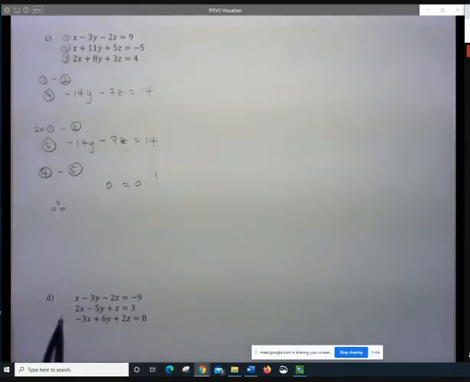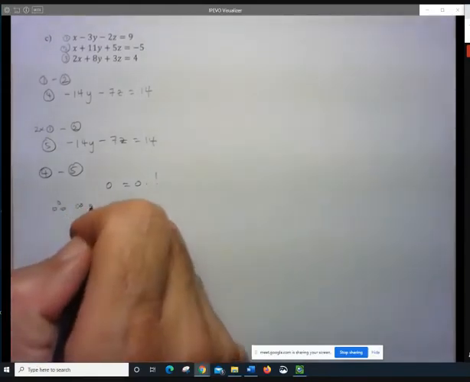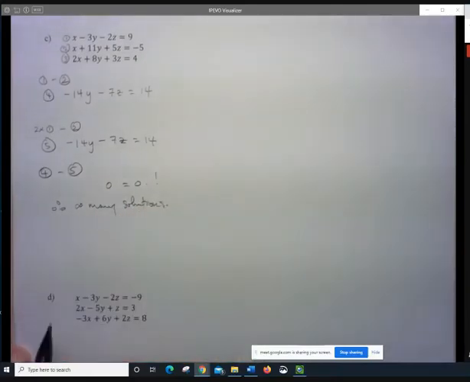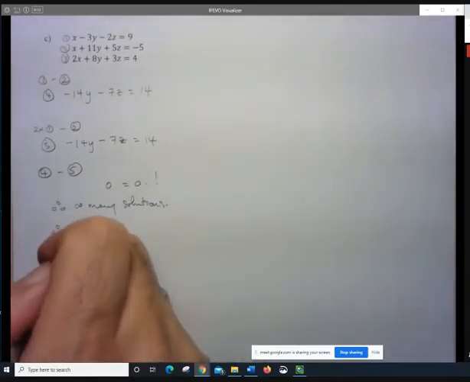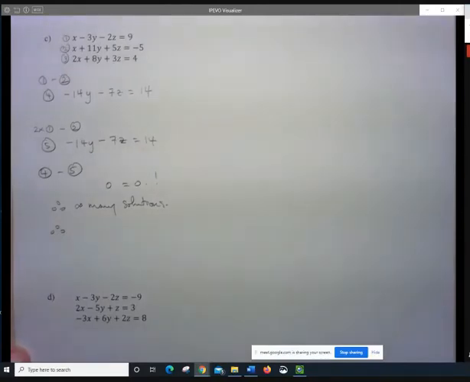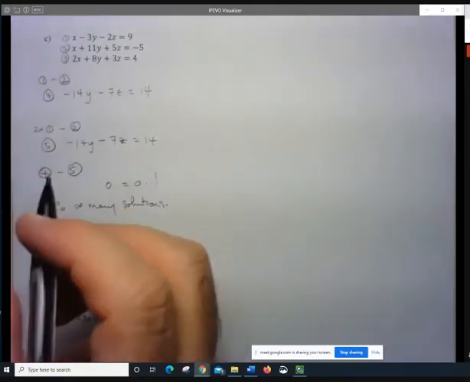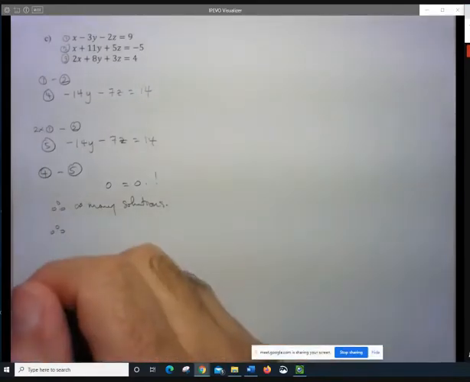It implies that there's infinitely many solutions. And because there's only one scenario in which they have infinitely many solutions where none of the planes are parallel, then it must be that they intersect in a line.